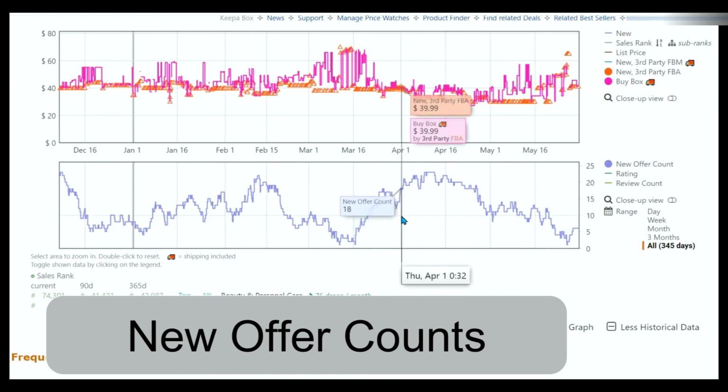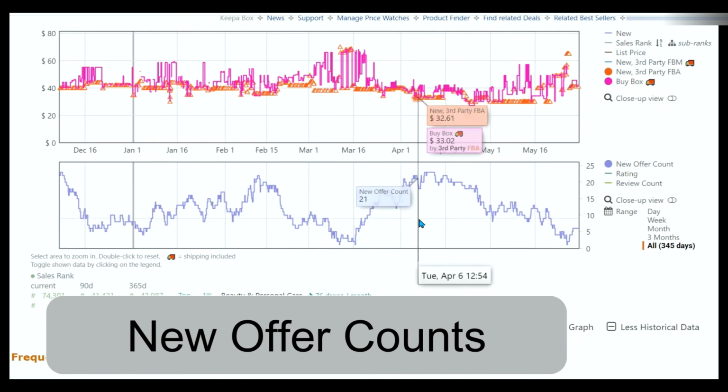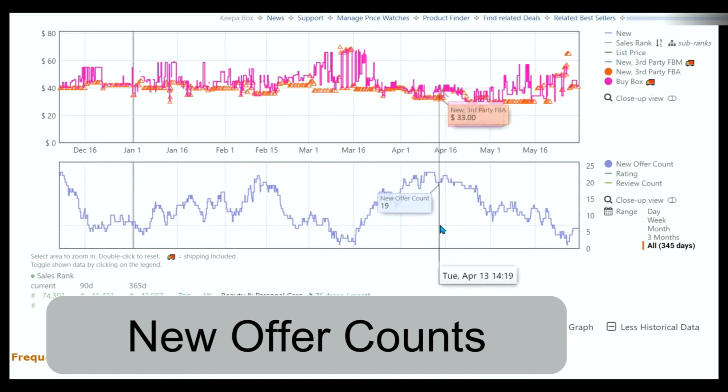There's a price war, basically. Whoever's willing to sell it at the lowest ROI is going to win the buy box for the most part. And this continues. If you look into April 10th, there's 23 sellers, and its buy box is at $32.99, almost half of what it was back in March when there were only 2 or 3 sellers on there.